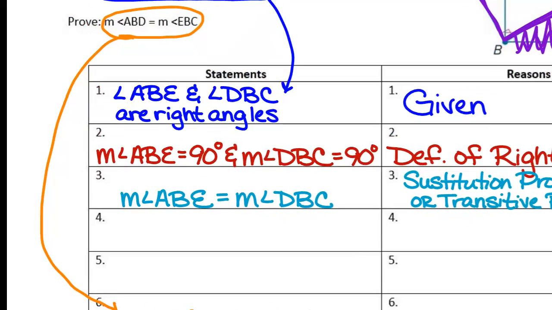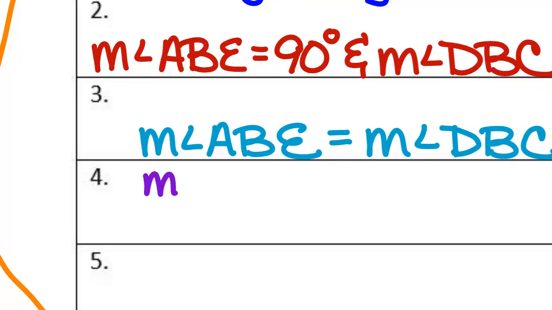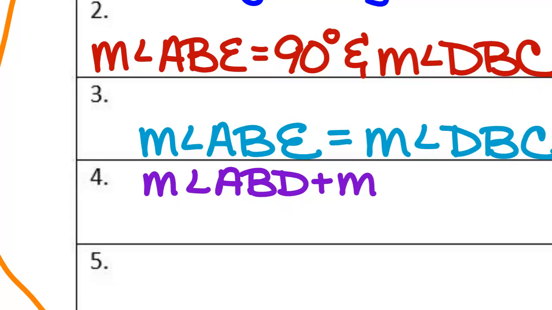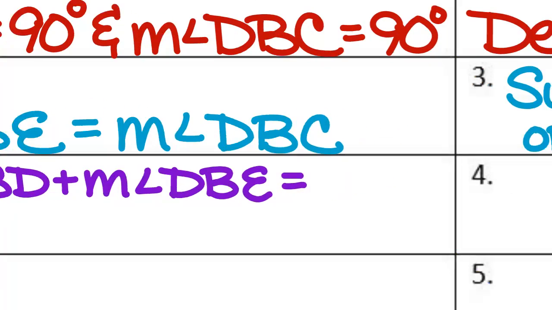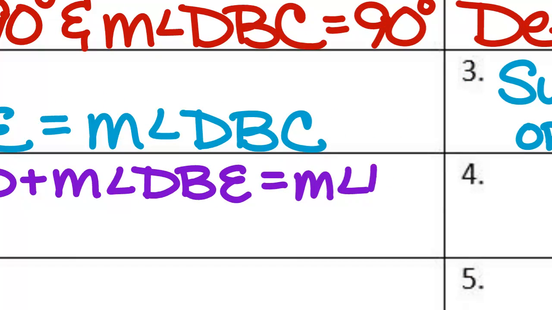Yes, angle ABD. So the measurement of angle ABD plus the measurement of angle DBE is equal to the measurement of angle ABE.